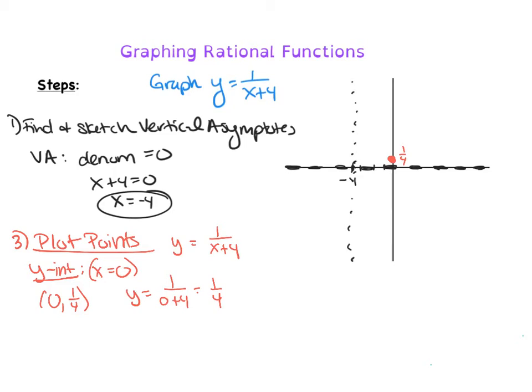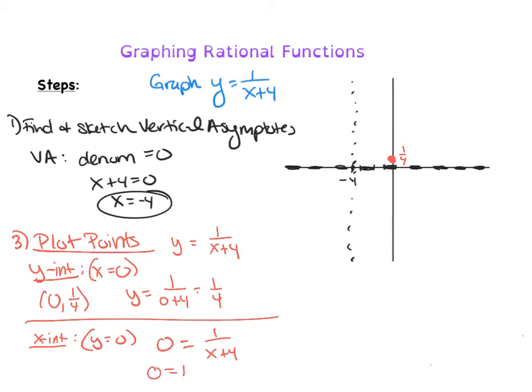Okay, let's find the x-intercept. So likewise, when we find the x-intercept, this is where we set y equal to 0. Now that's a little bit harder to do in this problem. To solve, we have 0 for y equals 1 over x plus 4. And if you want to multiply both sides by the x plus 4, that's fine. What you're going to get is just that 0 equals 1, or 0 equals your numerator.